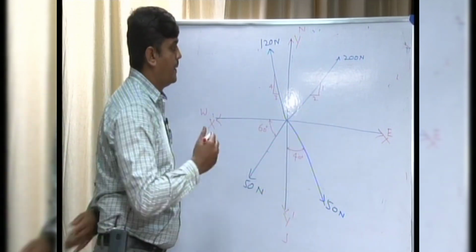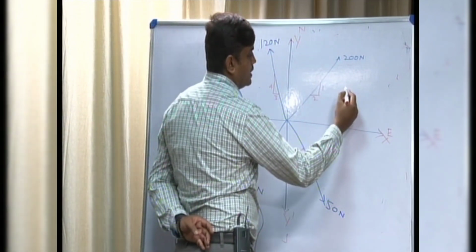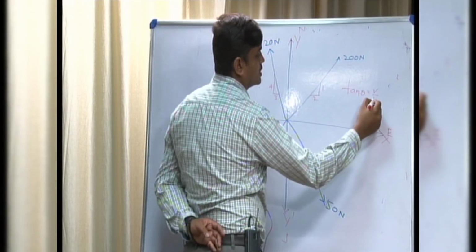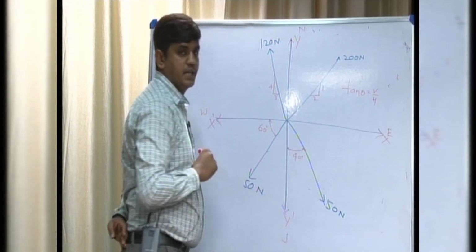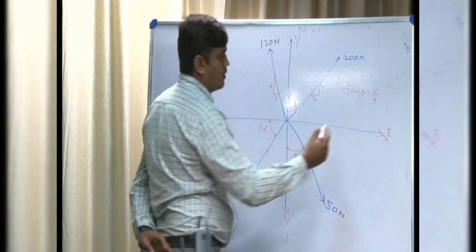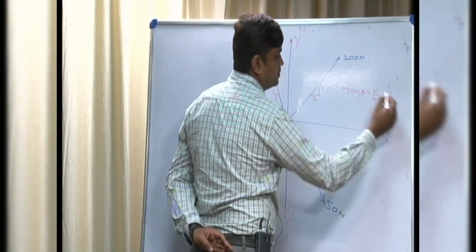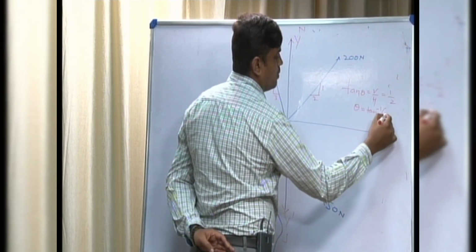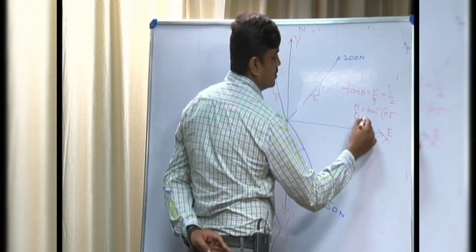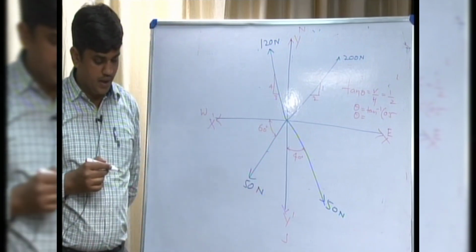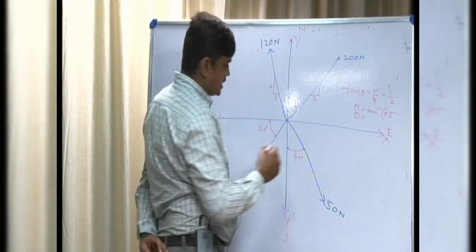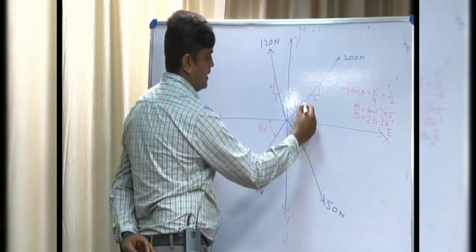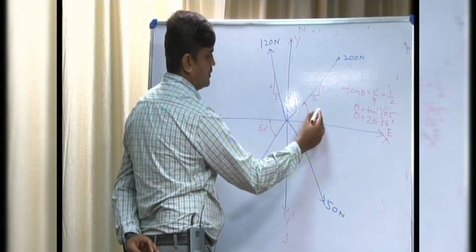Now we know that tan theta is equal to vertical by horizontal, or opposite by adjacent. Here our vertical by horizontal is 1/2, therefore theta equal to tan inverse of 0.5, which is 26.56 degree.